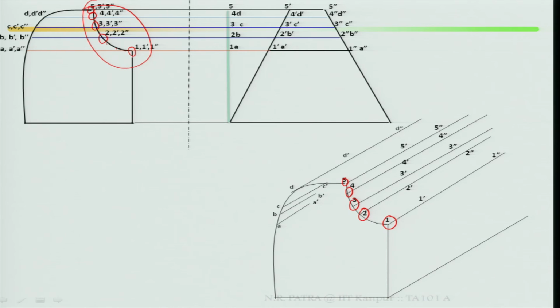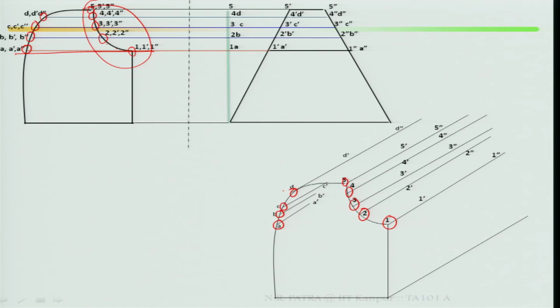So, these points are located very easily, taking your width as well as height 1, 2, 3, 4, 5. Then from here you can find it out, because from here to here this is your oblique surface. Here you can mark where your A is, A, B, C, then D. Here it is A, B, C and D.